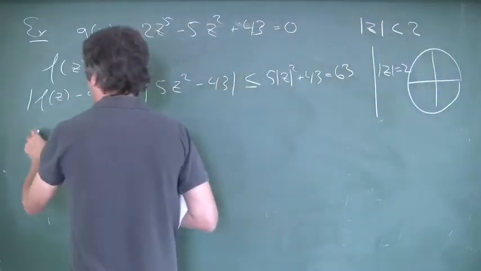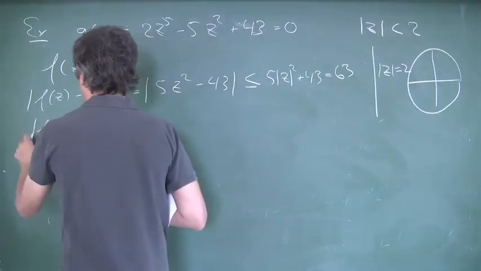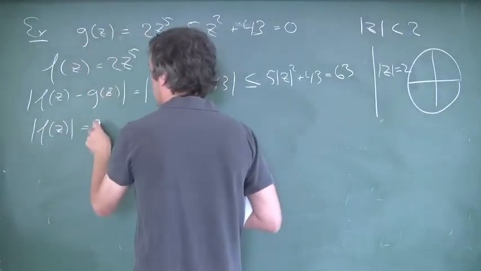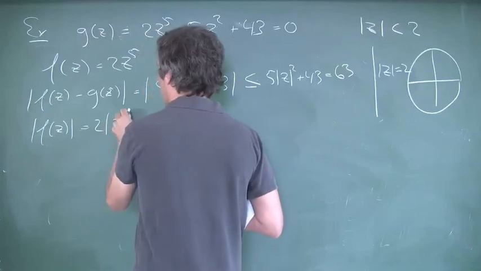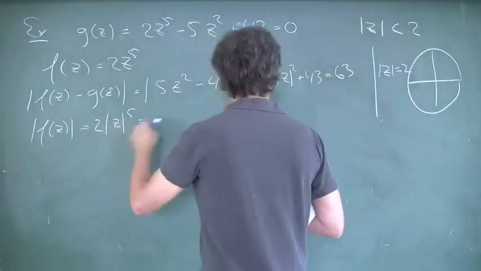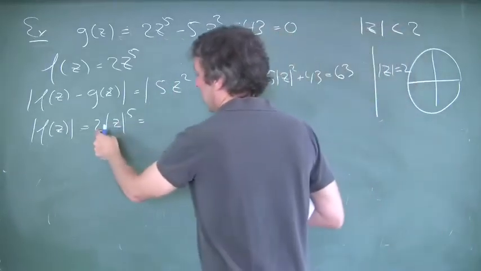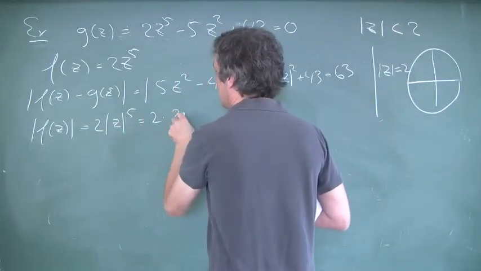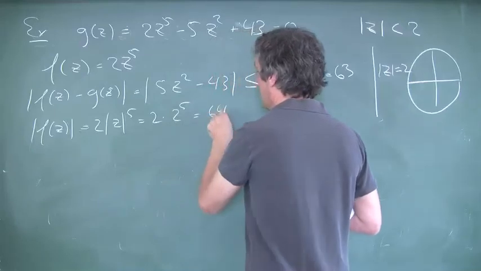If we consider the absolute value of f alone now, you see that this will be 2 times the absolute value of z to the power 5, and then on this boundary, this will be equal to 2 times 2 to the 5th, which is 64.